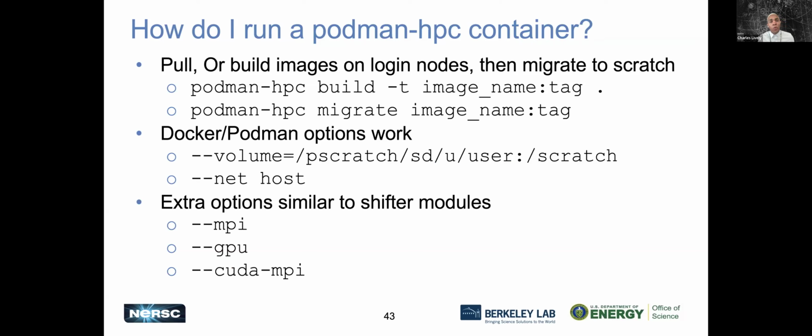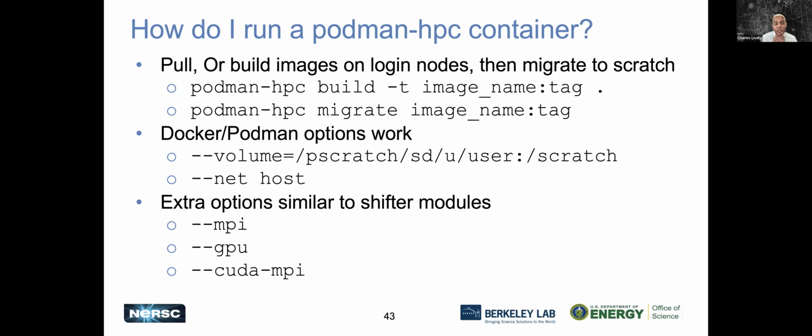And so to pull or build a Podman container, you can do it easily on the login nodes and then migrate it to Scratch. So you can just do your podman-hpc build command, and then the image and the tag that you're building. And then you can use the migrate command to migrate it.